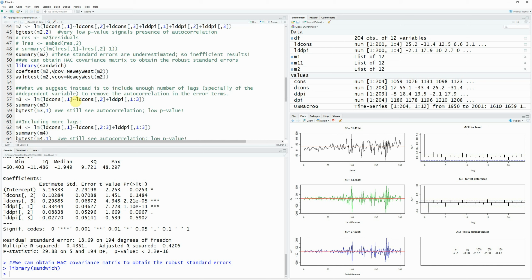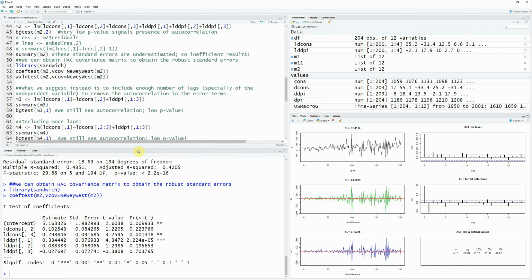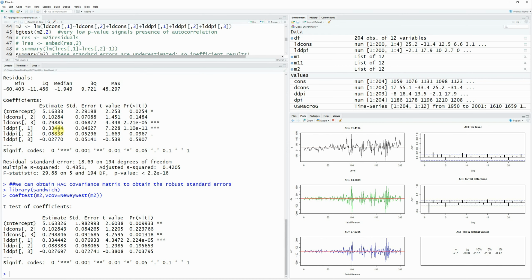Instead of using the White specification, we use the Newey-West specification for model 2, and then coeftest gives us the result for the t-test part. If I compare these, the estimates are equal, but the standard errors are larger in this case compared to the other case.